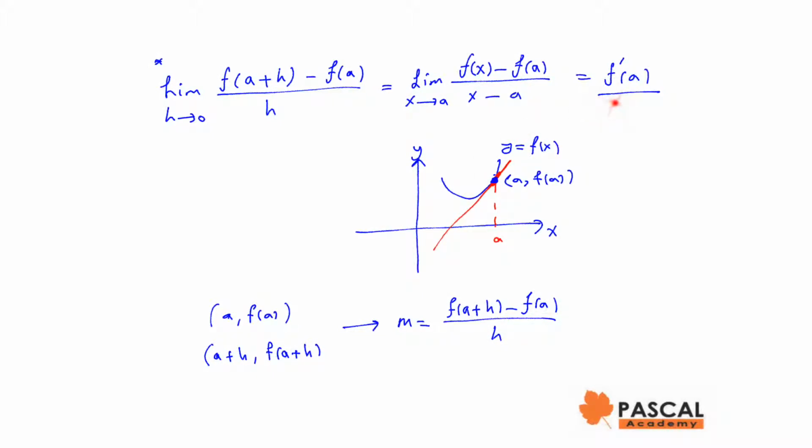Therefore, f prime of a, the derivative of function f at x equals a, is the same as the slope of the tangent line to the graph of the function at x equals a. Therefore, it represents the instantaneous rate of change of the function.